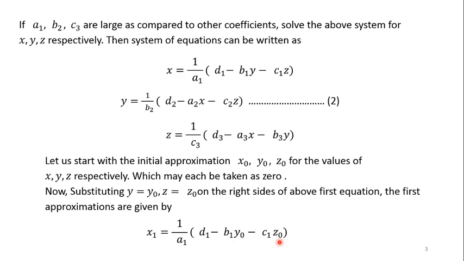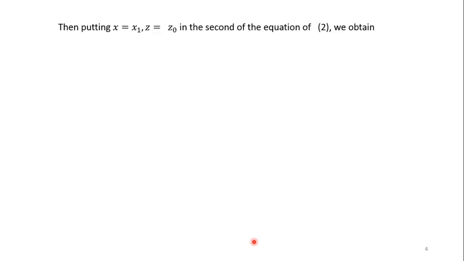Now the correction for finding y is as follows. Since finding y involves x, instead of using x0 we use the updated value x1, keeping z as z0. That is, y1 = 1/b2 (d2 - a2 x1 - c2 z0).